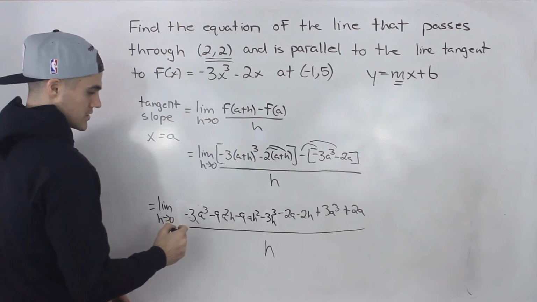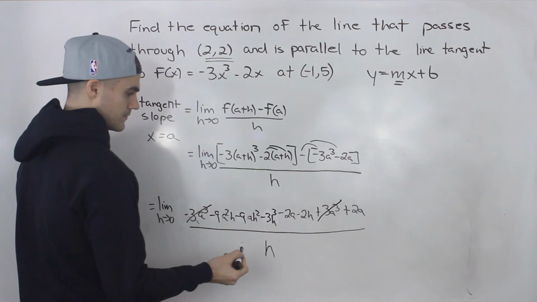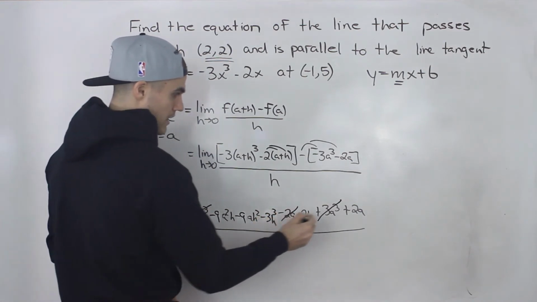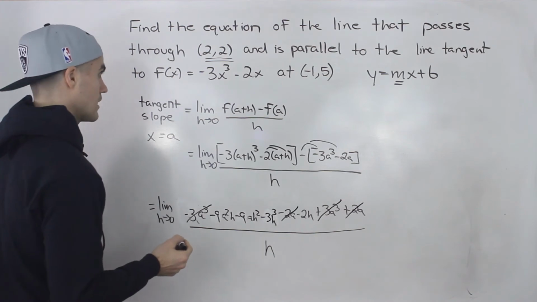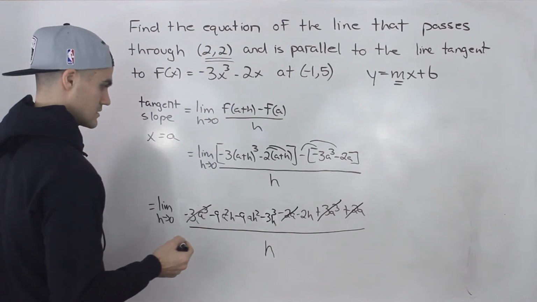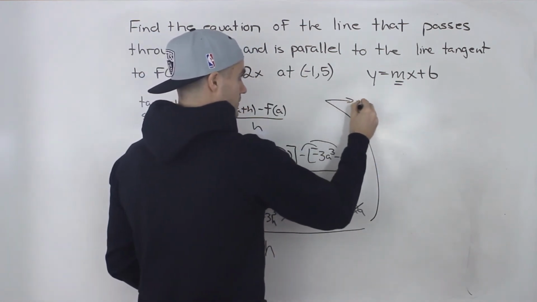And then notice a bunch of things will cancel out: negative 3a cubed plus 3a cubed, negative 2a plus 2a, and nothing else cancels out at this point. So let's continue this up here.